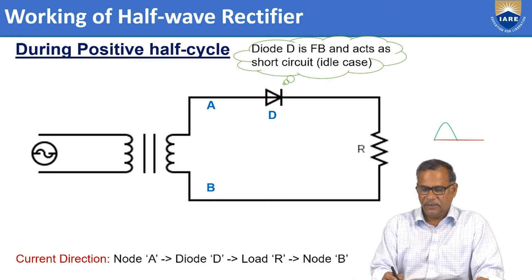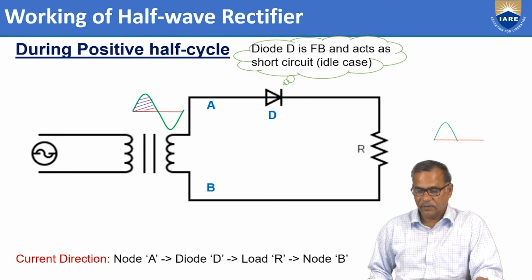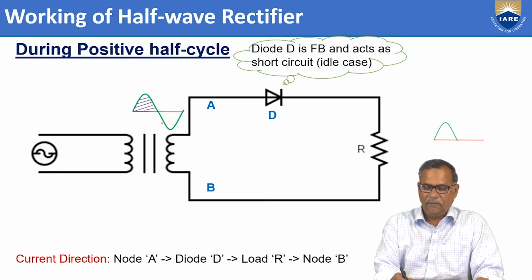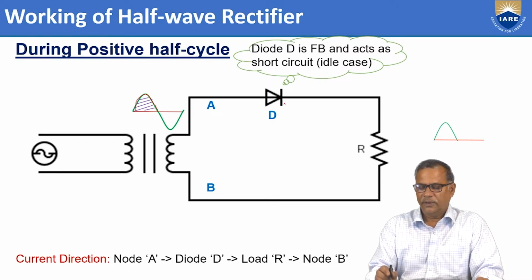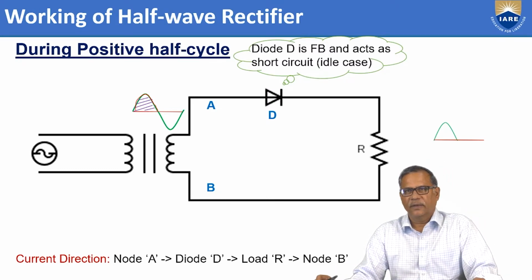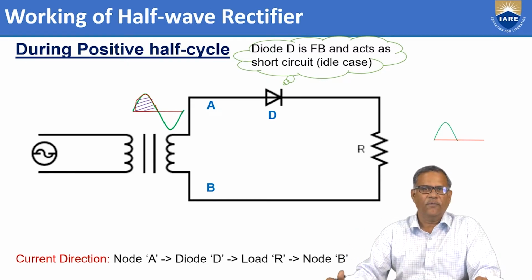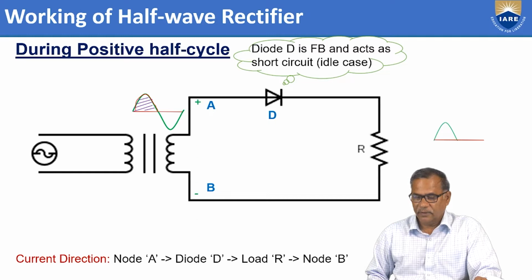Now let us see the working of the half-wave rectifier in this configuration. When there is a positive swing, the diode is forward biased, and when the diode is forward biased, it freely allows the flow of current, and we get current flowing in this way through the load and then back to the transformer.